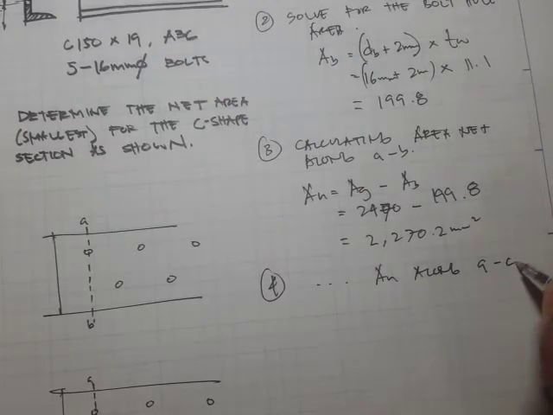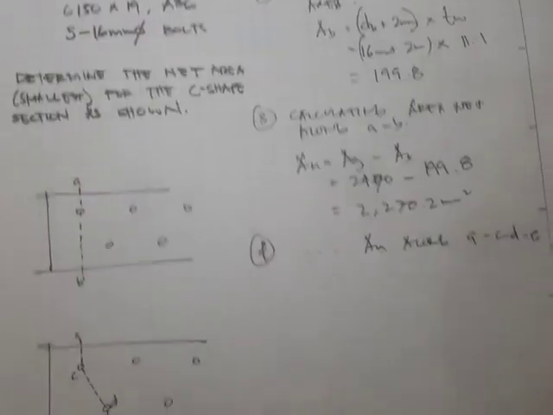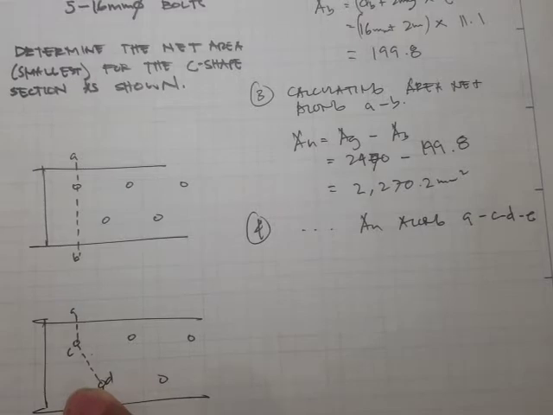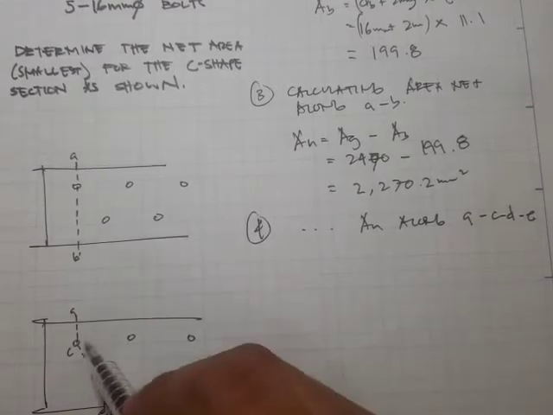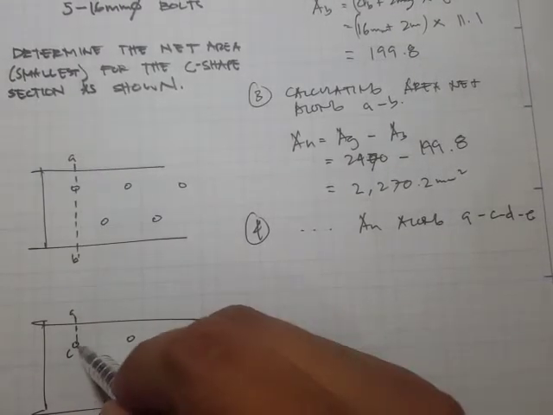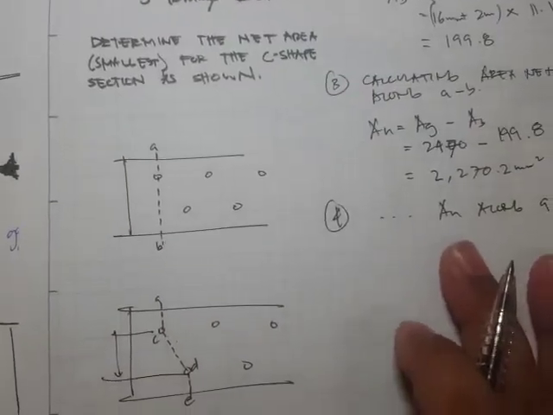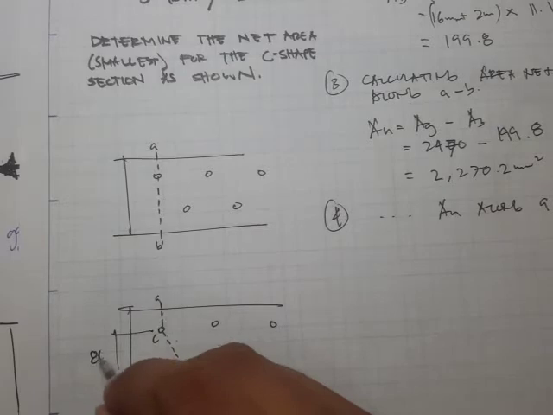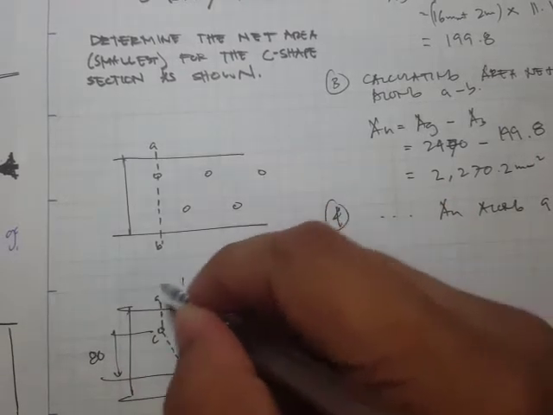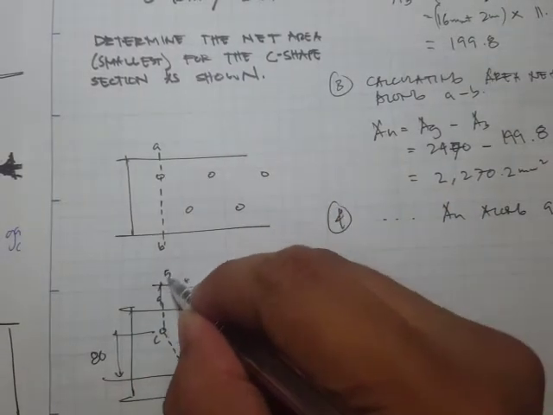Now for the next, calculating the net area A_N along A, C, D, E. Let's solve first for the staggered factor. This distance is 80, and this distance is given as 50.